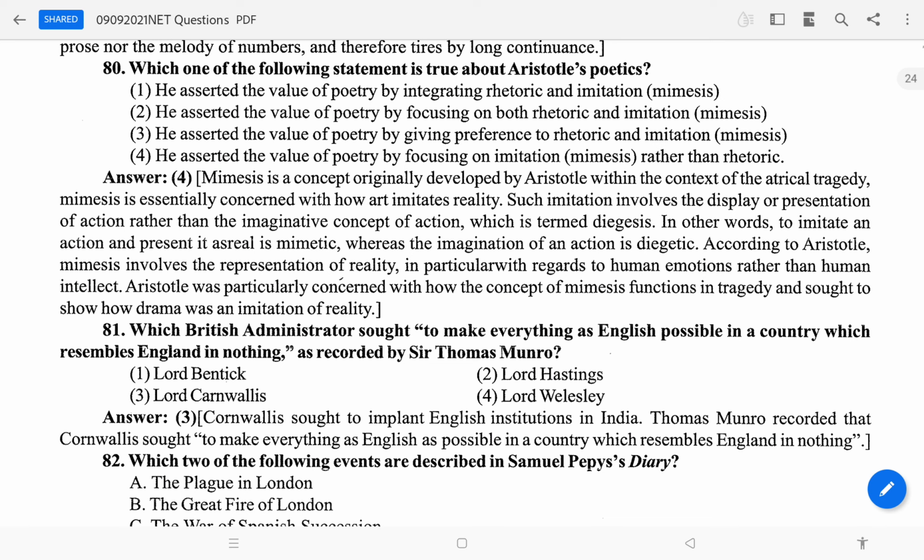So Aristotle tried to find out how our action is imitated in the play. So Aristotle said that drama was an imitation of reality.